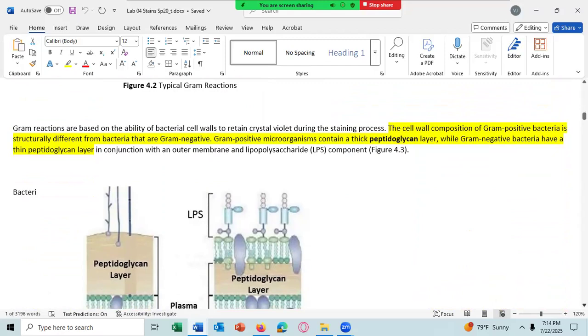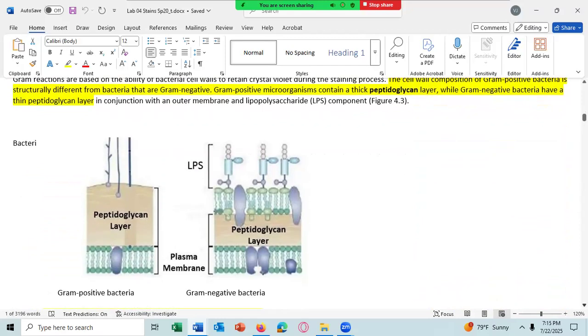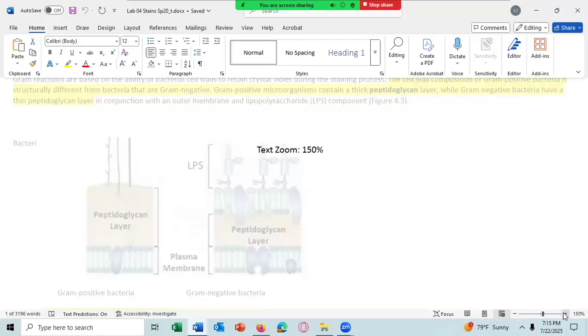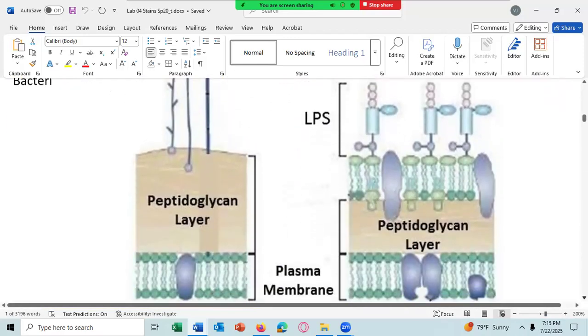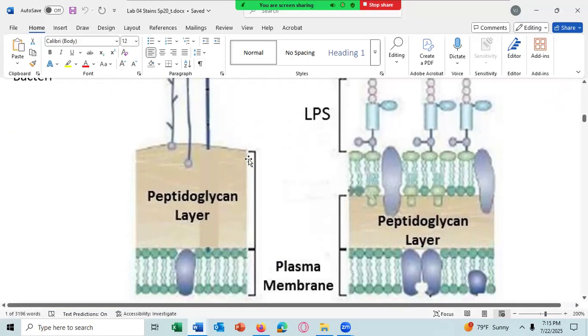The Gram reaction is based upon the cell wall composition of the bacteria. The gram-positive cell is different than the gram-negative cell. The gram-positive cell has a very thick peptidoglycan layer. Let me blow that way up. And there you can sort of see some of the layers. There's 1, 2, 3, 4.